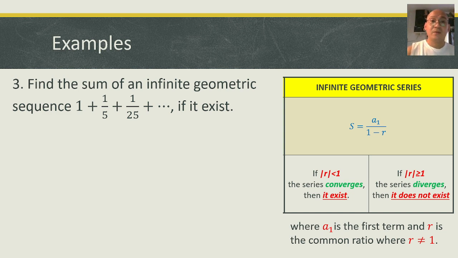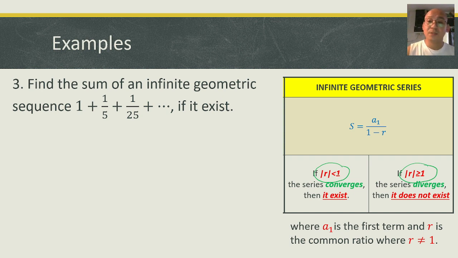But we also need to know what is the absolute value of the given common ratio. It is very important. If the absolute value of the common ratio is less than 1, then the given geometric series converges, meaning it is existing, or we can solve the given geometric series.